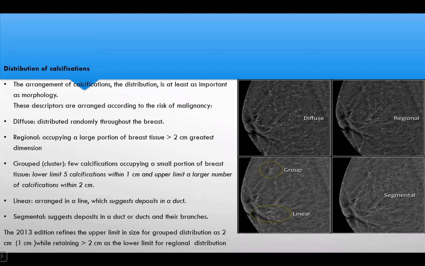Linear suggests calcifications arranged in a line, which suggests deposits in a duct. Segmental suggests deposits in a duct and its branches. The 2013 edition refined the upper limit size in grouped distribution as 2 cm while retaining more than 2 cm as the lower limit for regional distribution.